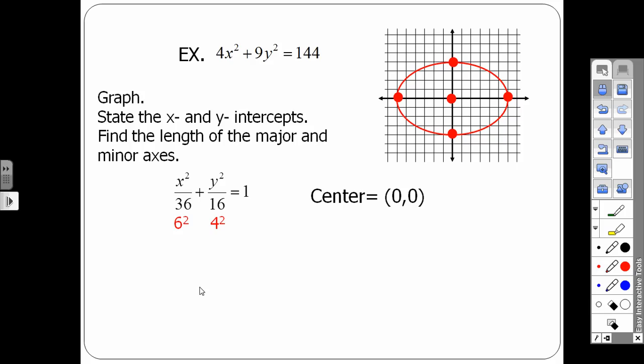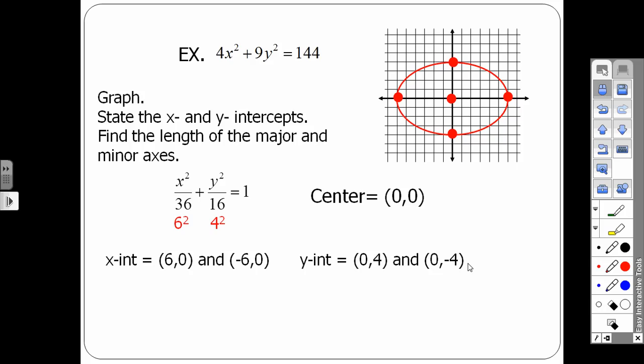Okay, so the second thing was to state the x and y intercepts. Well, that's fairly easy now that we have these 4 points, because those are your x and y intercepts. So 6, 0, negative 6, 0, and 0, 4, 0, negative 4 for x and y intercepts. The last part asked us to find the length of the major and the minor axes.